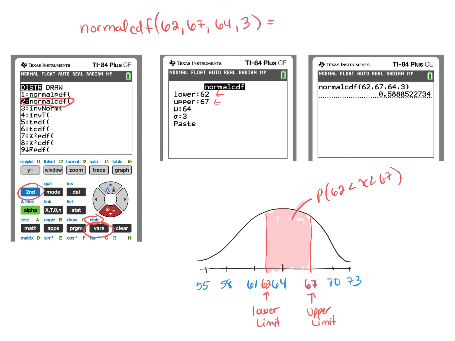When you press enter, notice that it gives you 0.589. So the probability is 0.589, which hopefully you'll notice matches the same answer we got when we used the z-table.